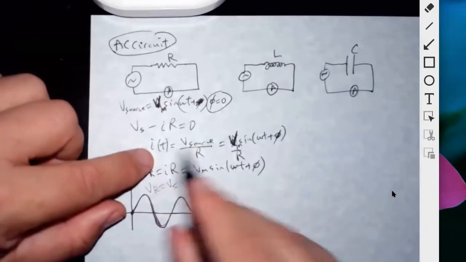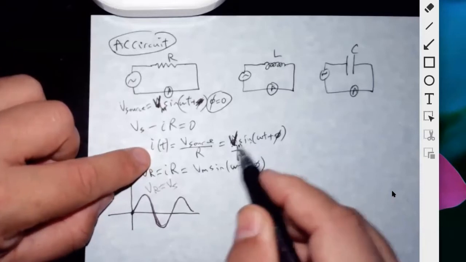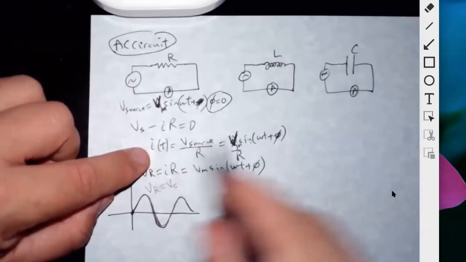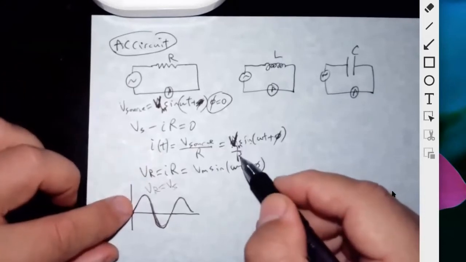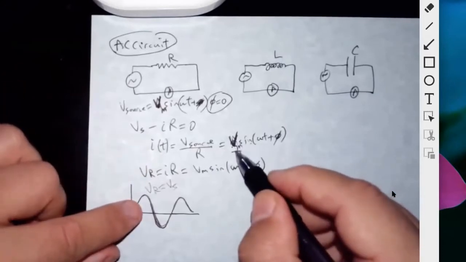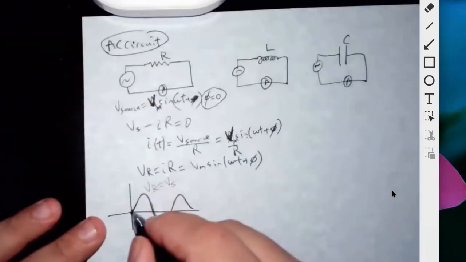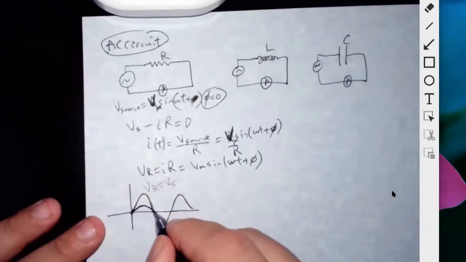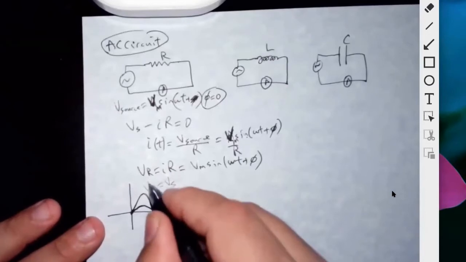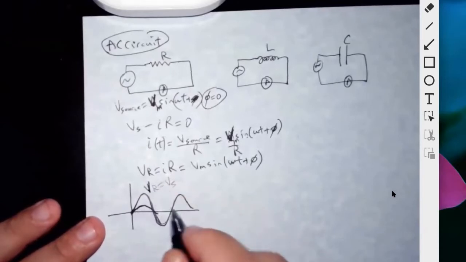The current is in phase with the source voltage and the resistor voltage. The current is in phase with it, but it's just scaled by Vm over R. So the amplitude of the current is not the same as the amplitude of the source voltage. So it looks something like this. You see? Whatever the resistor voltage is doing, the current is doing the same thing.